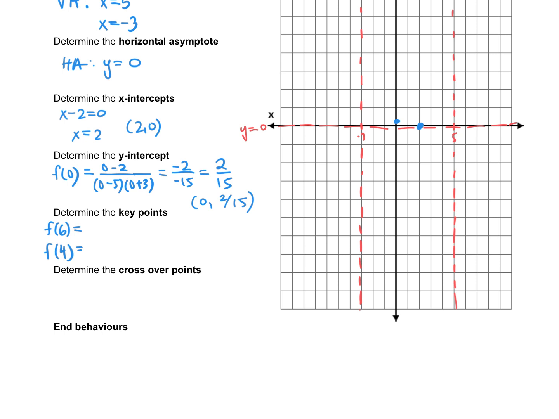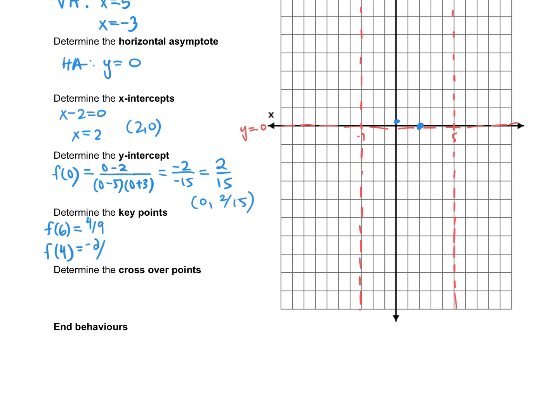So (6 - 2) all over (6 - 5)(6 + 3). And if I evaluate that, I will get 4 over 9. I can do the same thing for 4. I would have 4 minus 2 in my numerator, (4 - 5)(4 + 3) in my denominator.